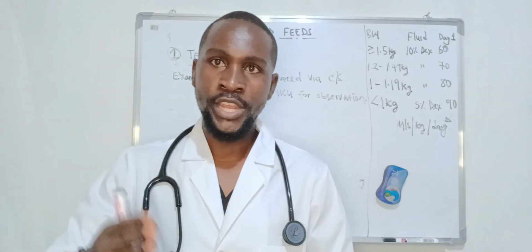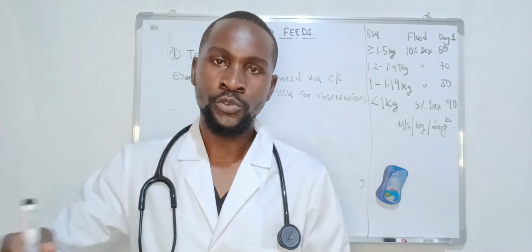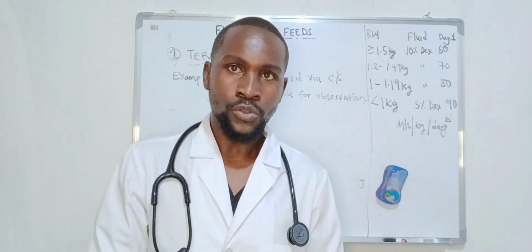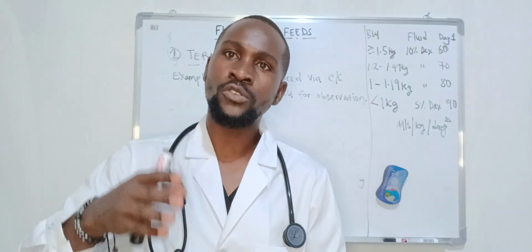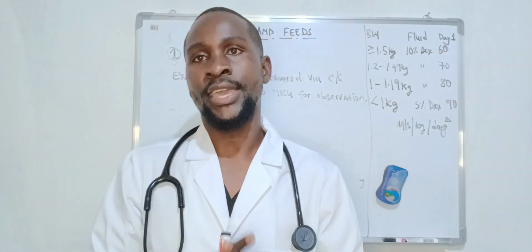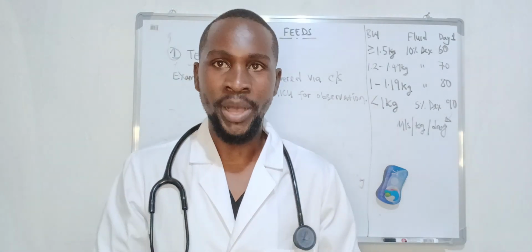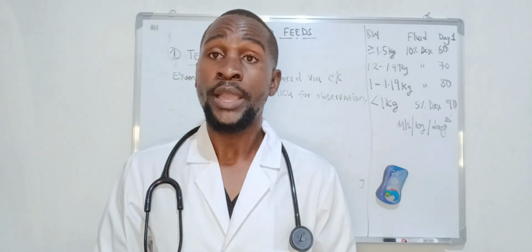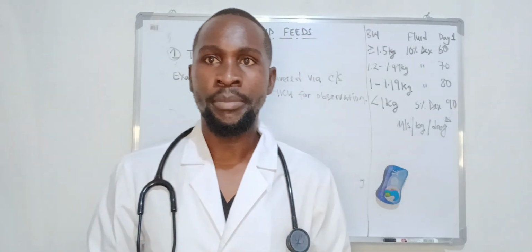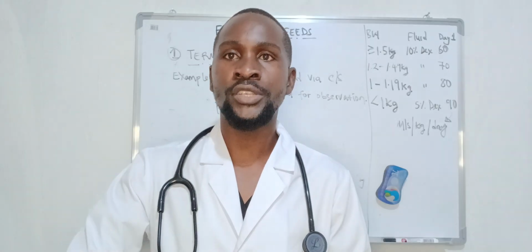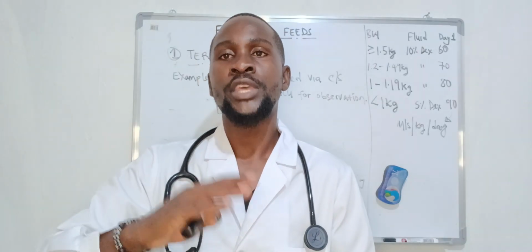Remember that this is a baby, so you want to be increasing the feeds cautiously up to what they can handle. You don't just start with a bunch of things you give them. No, you're going to cause NEC. So to prevent that from happening, you feed them cautiously and then you increase gradually. You start with smaller feeds, then you increase.